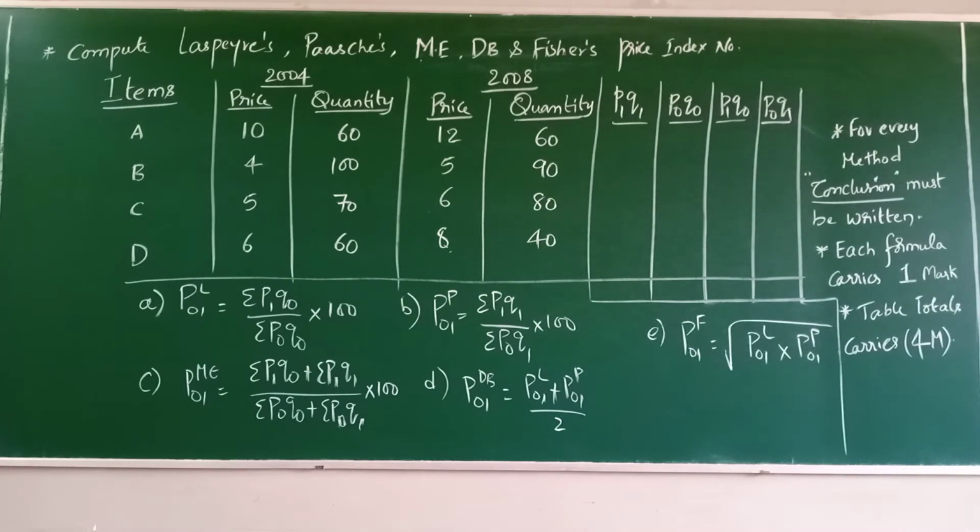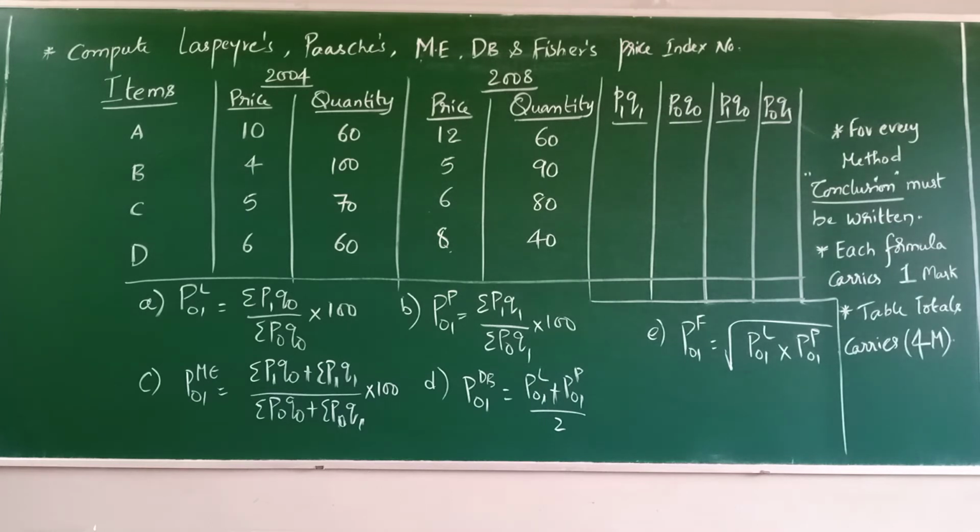Clear? First and foremost, we need to take the notations. Remember, as you all know, base is denoted by naught and current is denoted by 1. In 2004 that would be the base year, and 2008 will be the current year.